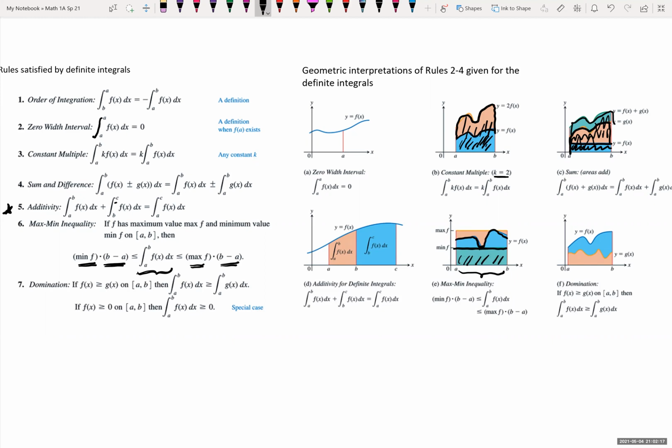If we look at the max value though, the maximum spot our graph hits would be here, and we found the area of the height at the max spot and the width b minus a. That is bigger than the area of the whole curve. And so we can use the sandwiching to say that it has to be in between these two values.